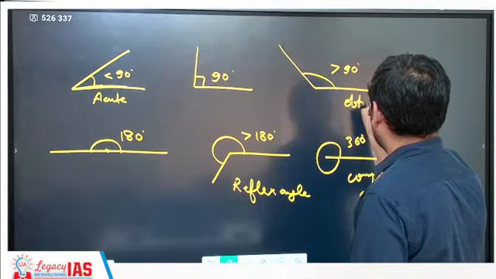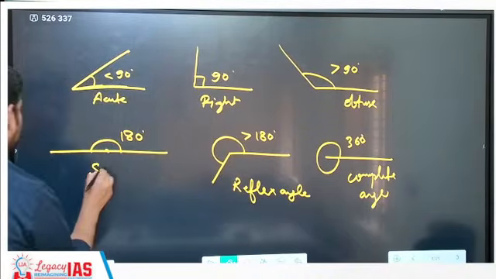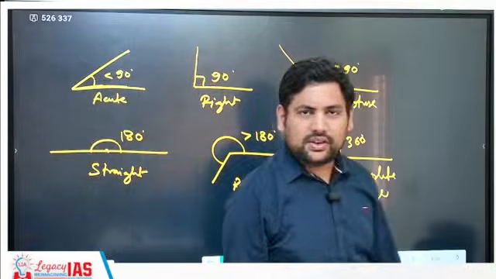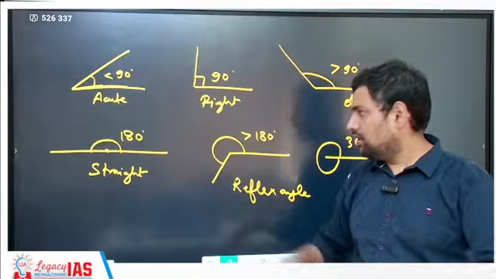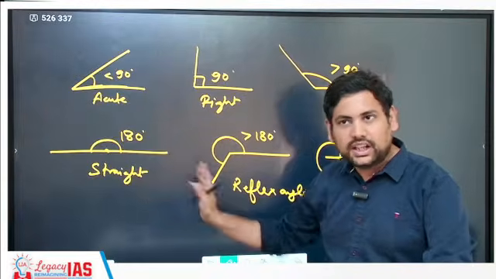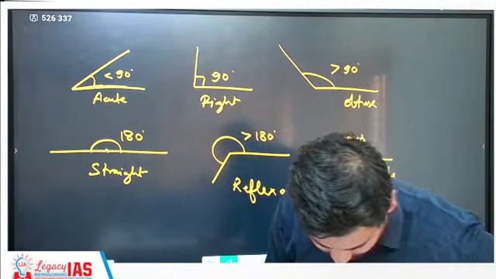This is obtuse, this is right angle, and this is straight angle. So these are the angles that we have. Always when you are moving with the angles, just try to remember this. Straight angle, 180 degree, directly you have to go. That's it.